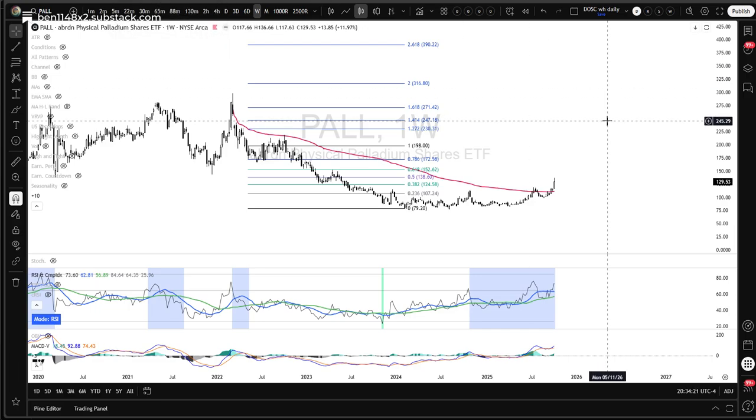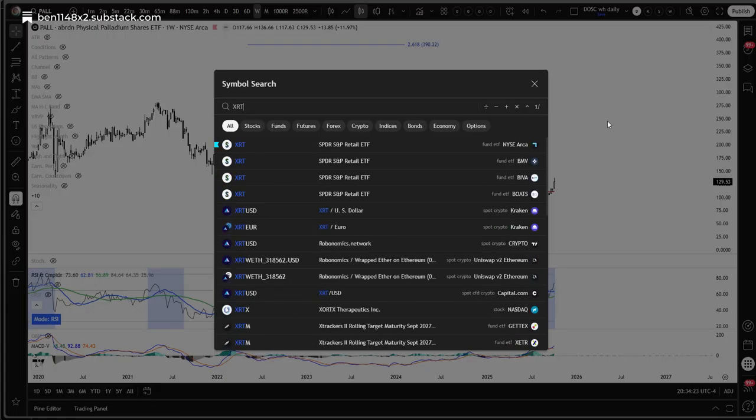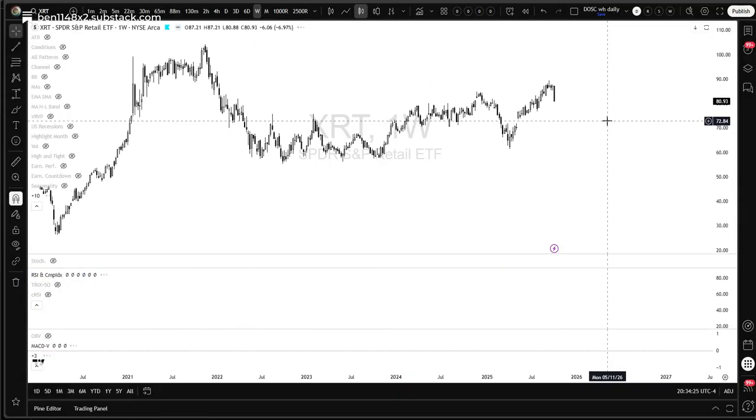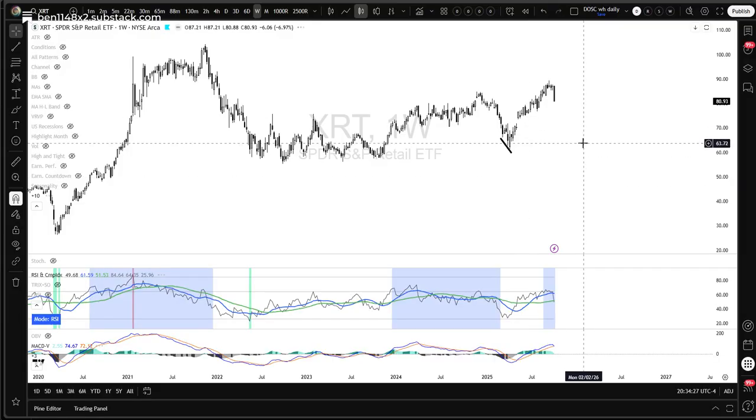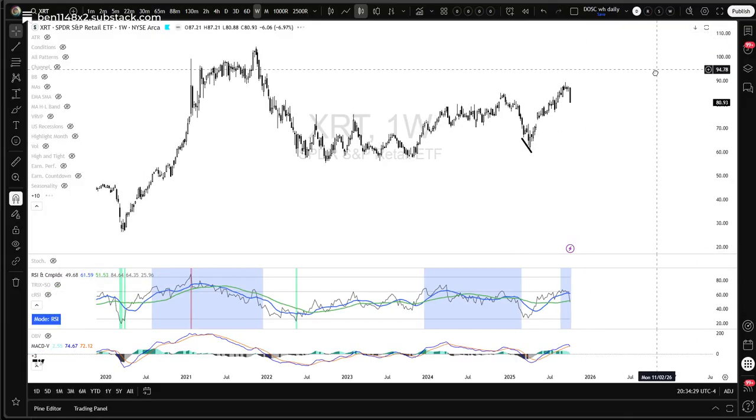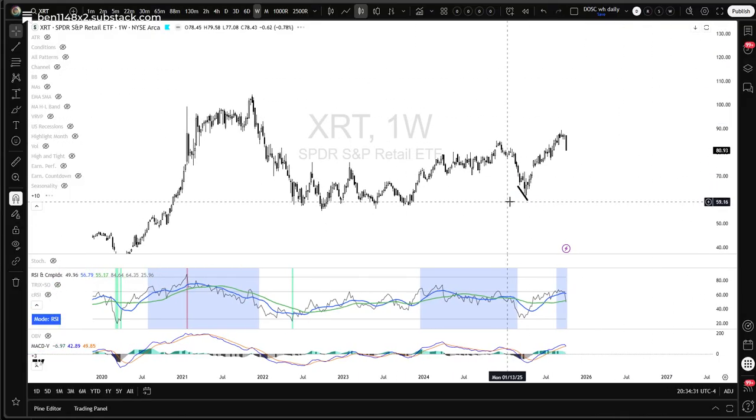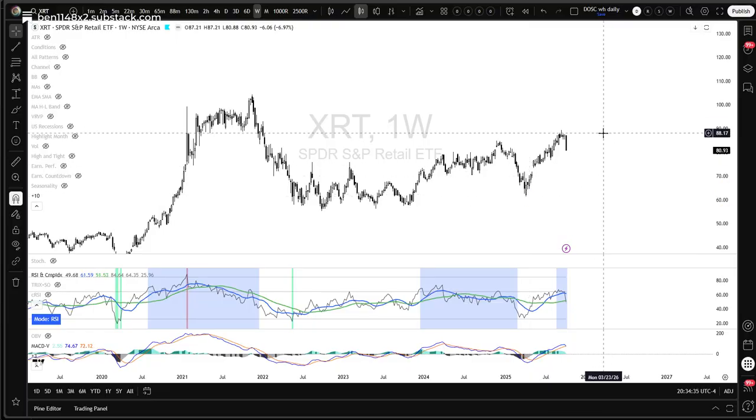One that I do not like is, let's take a look at the retail sector ETF. So this looks like a failed breakout, right? Like it started to get towards the top of a base and faked out and reversed.